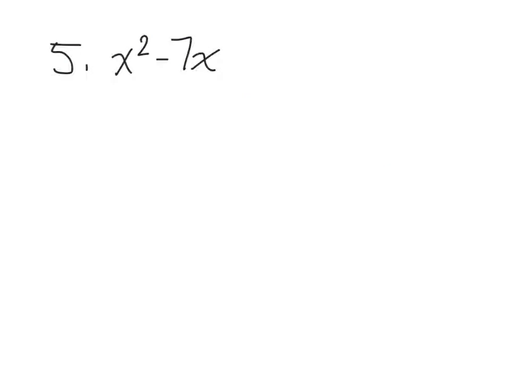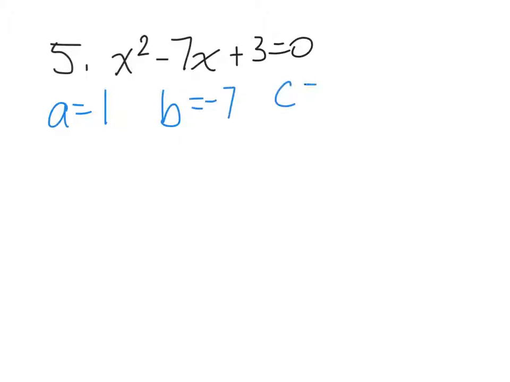And switch it to standard form. What did I do? Add 3 to both sides. Okay. So I think that's a reasonable enough step as you write it down, right? Okay, so A is 1, B is negative 7, C is 3.